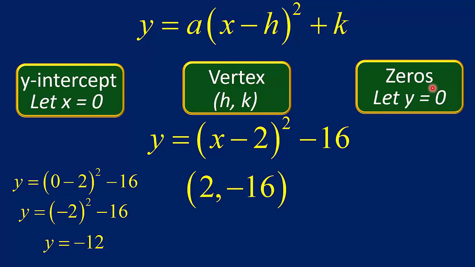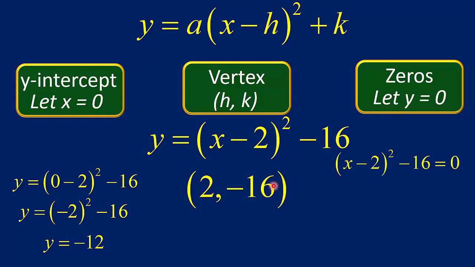Now, for the vertex, we don't have much to do if we've got it in this form. We just look at it. It's 2. If this had been x plus 2, that would be -2. We get the x-coordinate from the parentheses with the x, only the opposite. We get the y-coordinate from what's on the outside, exactly that.